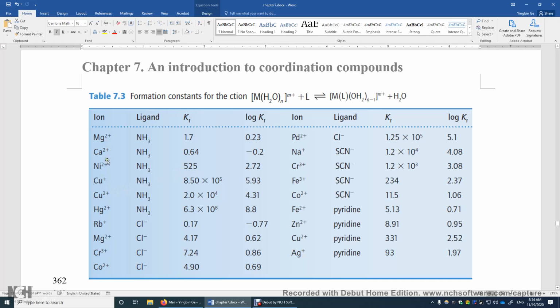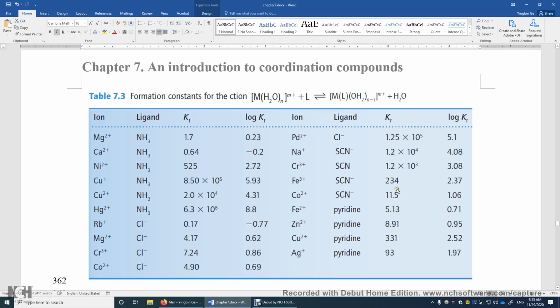And then you can see different metals reacting with the same ligand. This is ammonia or amine ligand. And then different metals reacting with chlorido ligand. You have different constants here. And then different metals interacting with this thiocyanidal ligand.